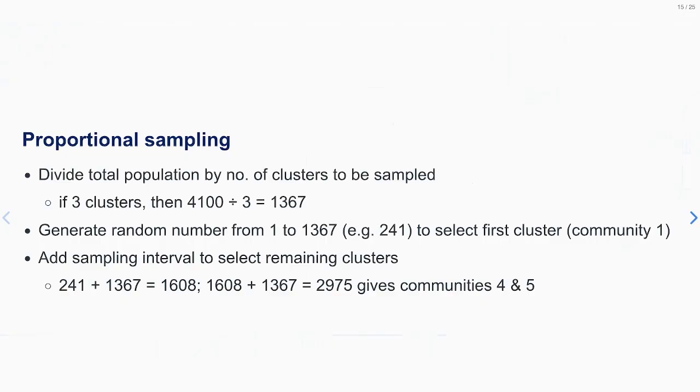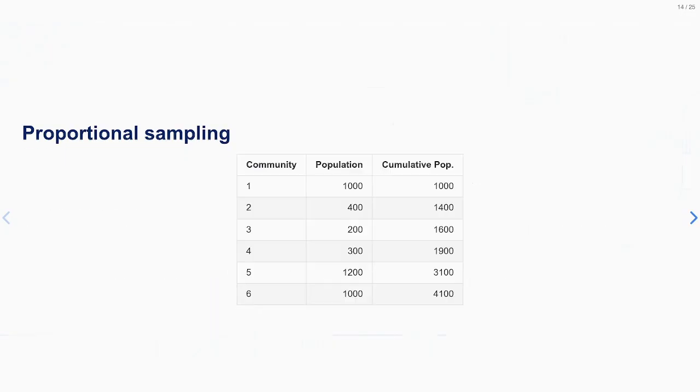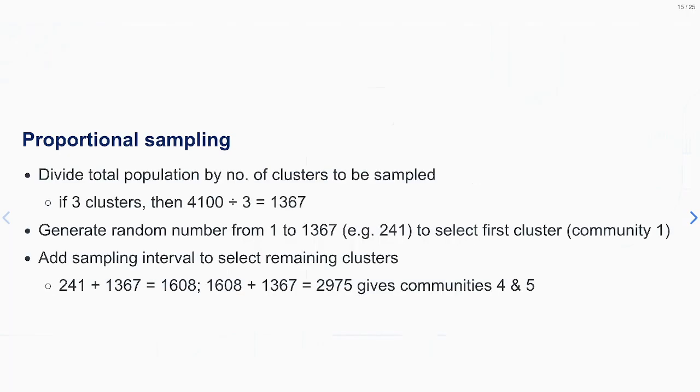And so when we look at community 1 that has a population of 1,000, we see that the 241st individual is going to fall within the first community, because the community has a population of 1,000. And so we add our sampling interval, which happens to be 1,367. And so we have 241 plus 1,367, which takes us to 1,608.